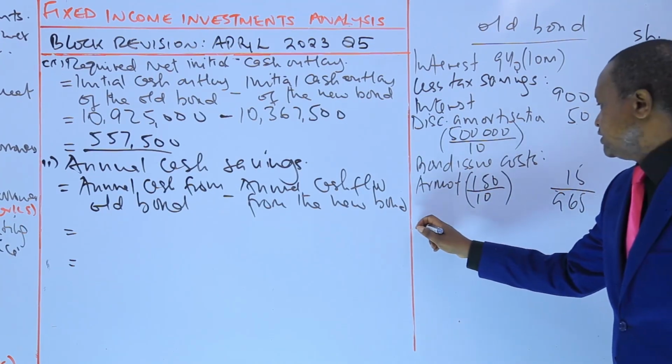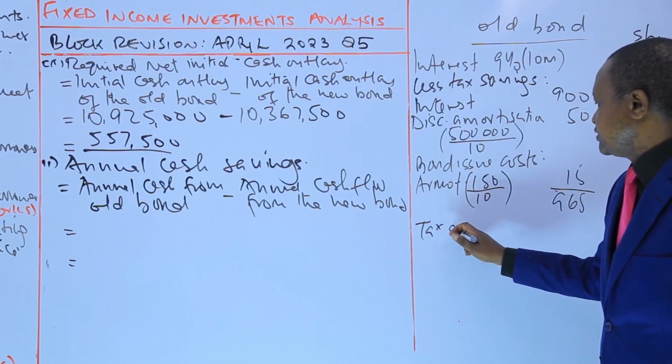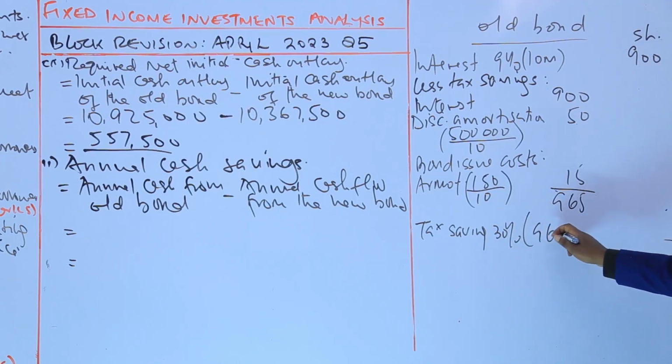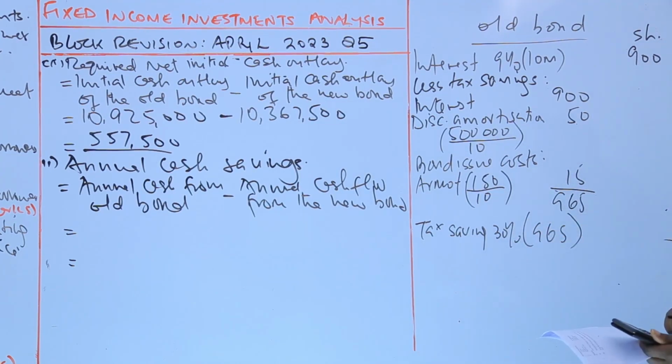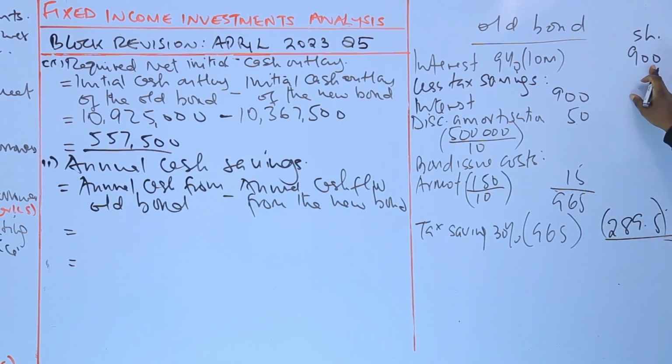So we apply the tax. The tax saving is equal to 30% times the 965, so the tax saving is 289.5. This we deduct from the interest, 900,000.